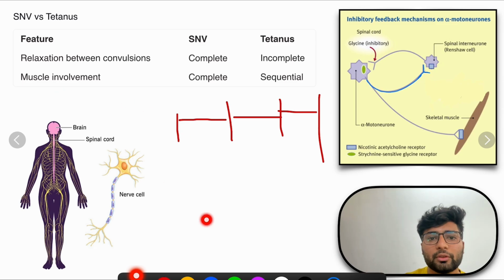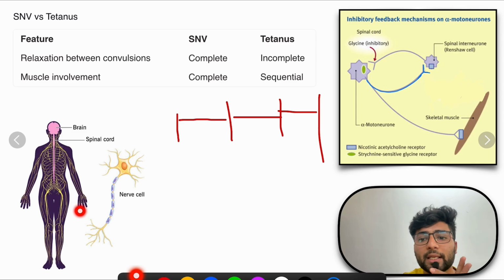Second is muscle involvement. As I told you, in tetanus there is retrograde axonal transport. Let's say the bacteria has entered here, now it will go through the neuron to the spinal cord. Every nerve is not the same in length and properties, so every muscle will not be affected at once. There will be sequential involvement.